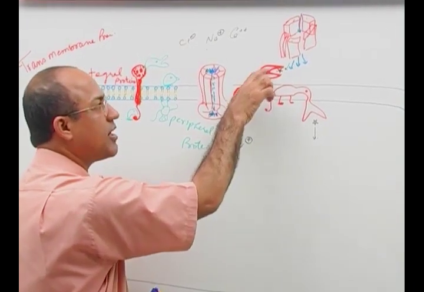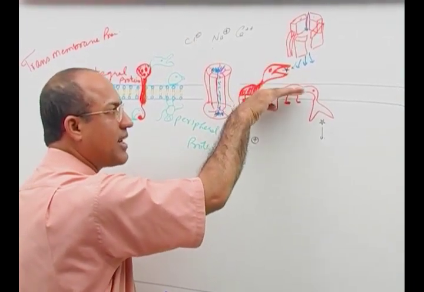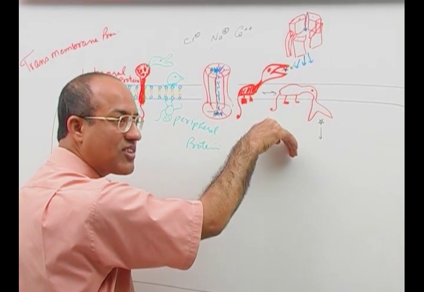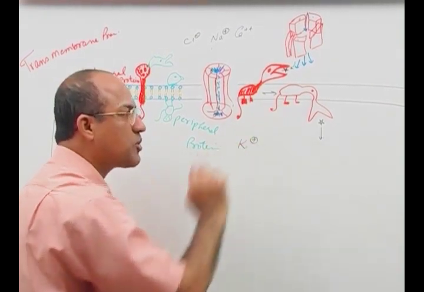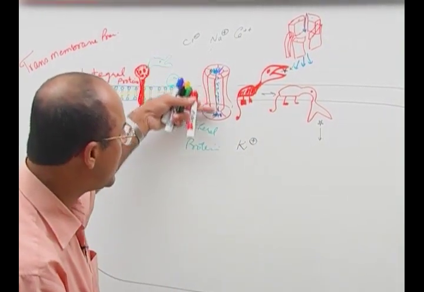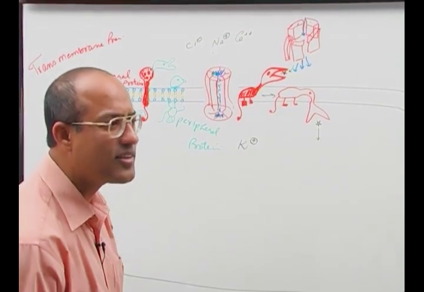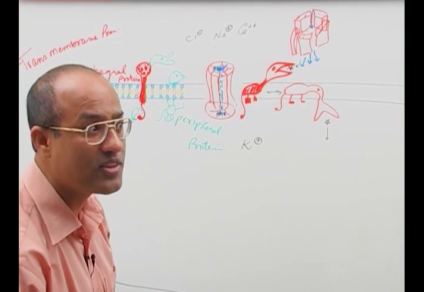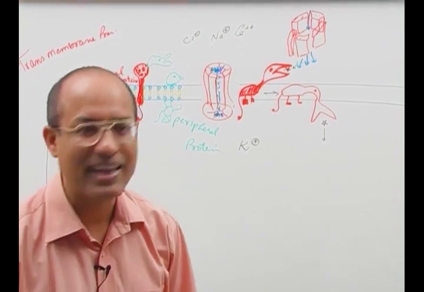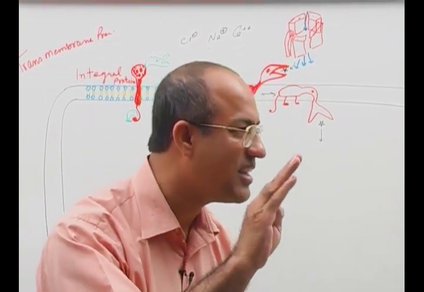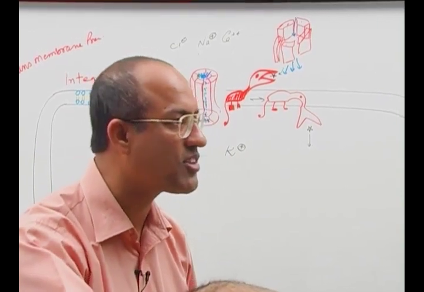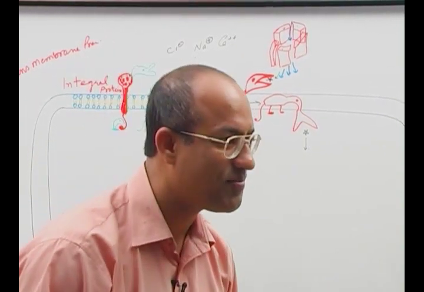And the mouth of this protein will take the substance and carry the substance inside. Such proteins do not have the central water channel, so these are not channels. These proteins are called carrier proteins. They carry a substance, undergo some change and shift the substance across the membrane.